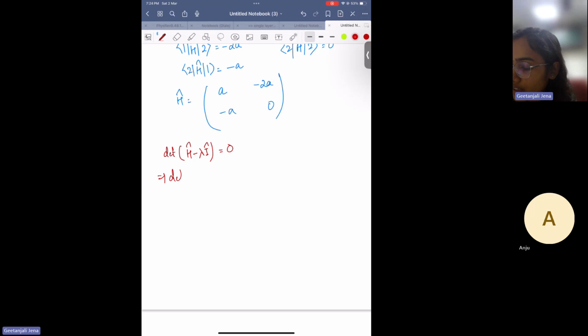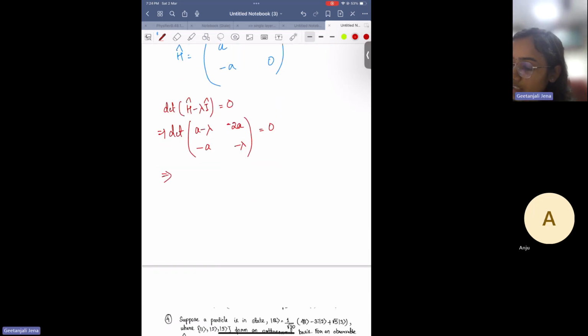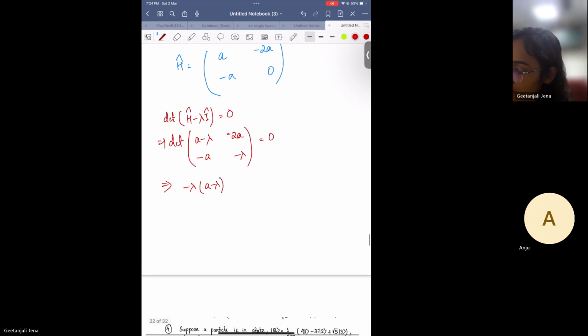That means the determinant of A minus lambda, minus 2A, minus A, and minus lambda equals 0. So this is minus lambda times A minus lambda, and there is a minus 2A squared equals 0.